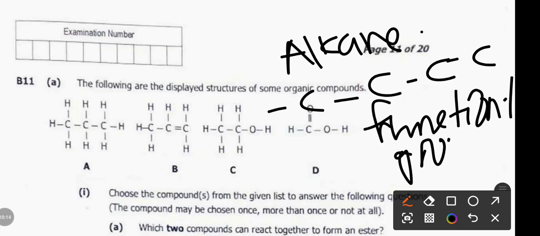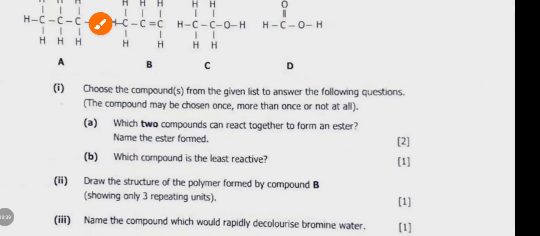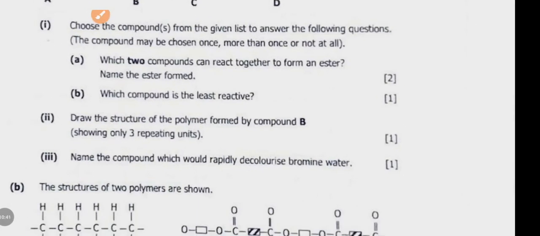As a result, alkanes are generally unreactive because there is no position where other atoms can attach. So in identifying the compound, we should just locate the compound having single carbon to carbon bonds. That's compound A. So the answer here is compound A.